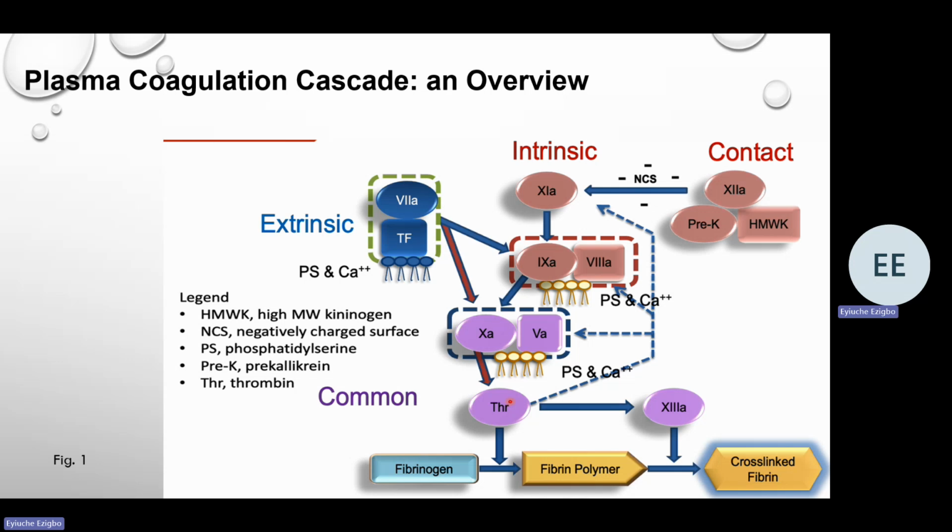Okay. So we're going to start with the plasma coagulation cascade, looking at it generally. In the past, two coagulation pathways were described, both of which activate factor 10 at the start of a common pathway leading to thrombin generation.